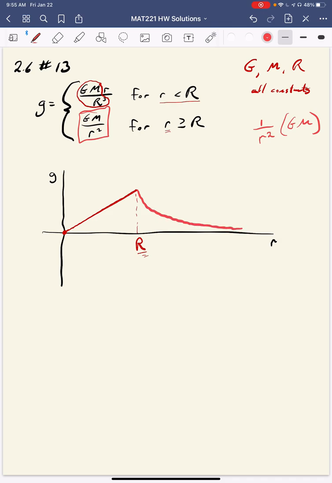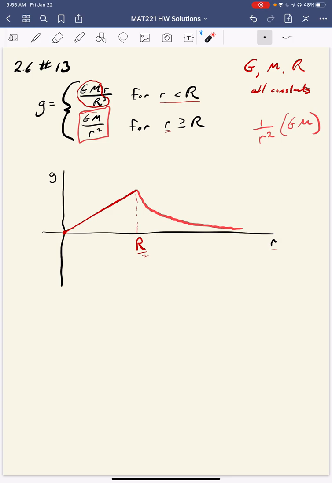So that's my general looking graph. I have the linear function until r is equal to uppercase R, and then after that I have this rational function 1 over r squared multiplied by GM, of course, which has this look here.